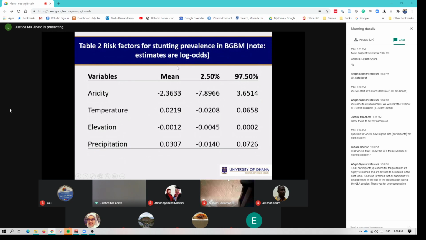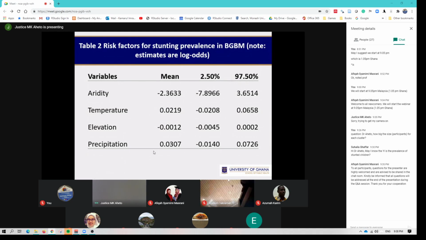Still, the mean is actually the log of the odds, and then the 95% Bayesian credible interval remains the same. Here you can see that none of the risk factors that were even significant in the non-spatial model were significant here. What it means is that taking into account the geographical locations of these children, we have been able to explain even the statistical differences that we observed in the aridity, the elevation, and precipitation variables. For that matter, they are no more.